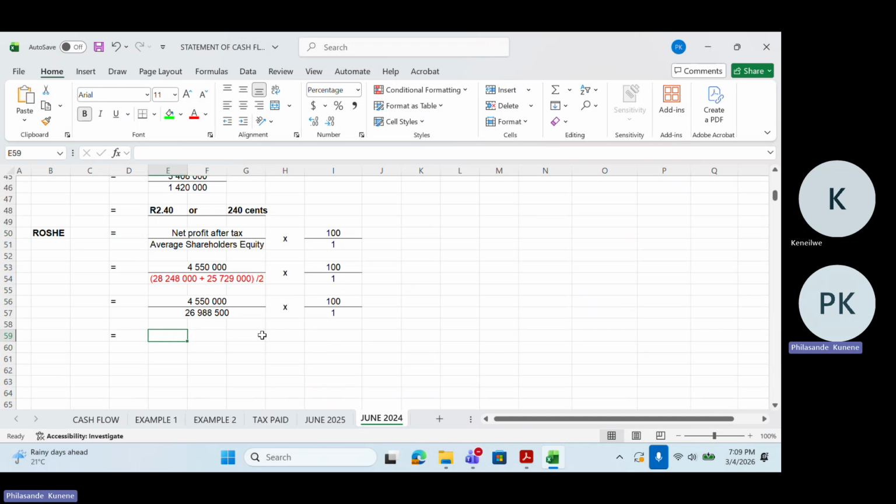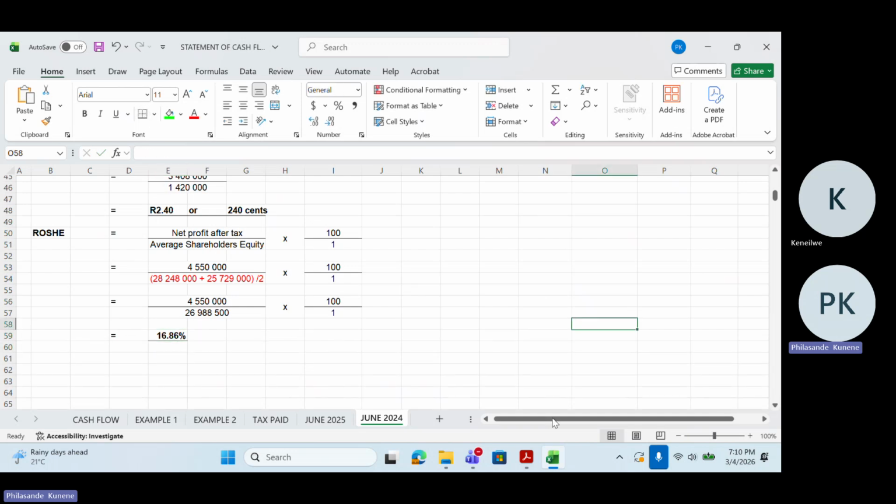How much are you getting? 16.86%. Very good.